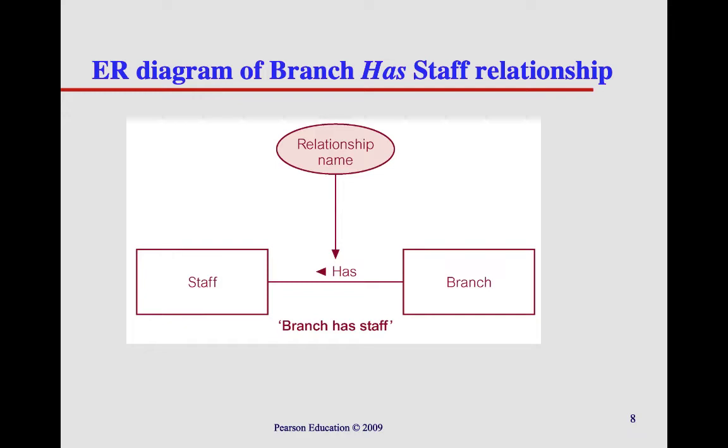Okay, so when drawing arrows in a relationship, draw the arrow toward the relation that A has many occurrences of, or B has the foreign key for that relationship.